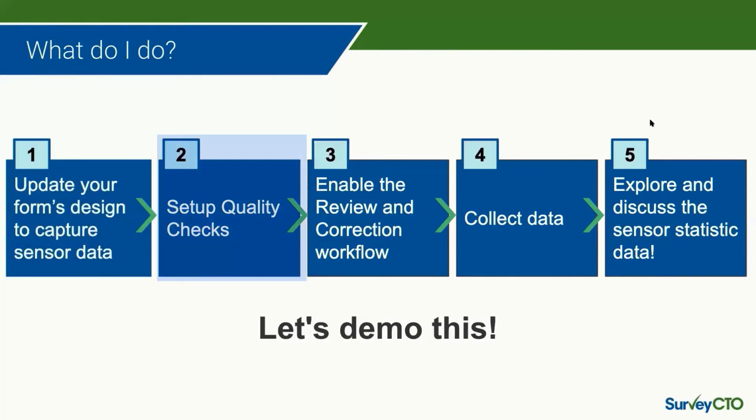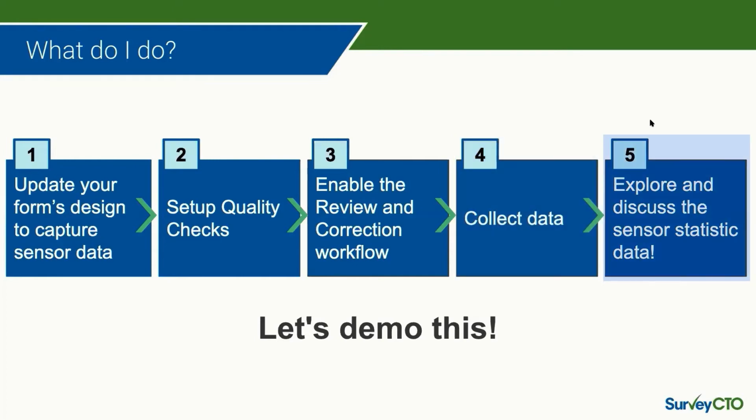With the form design deployed, we recommend setting up automated quality checks based on that sensor data to flag submissions based on sensor outliers. We also recommend that you enable the review and corrections workflow and set it up so that records get flagged based on automated quality check warnings. So with your form deployed and the server console set up, you can start to collect data.